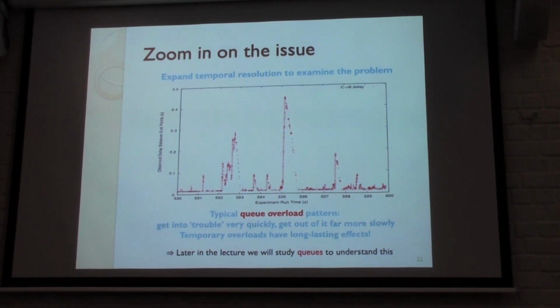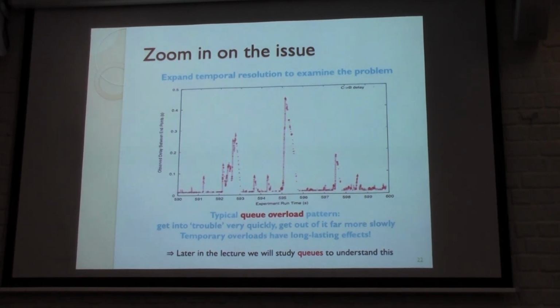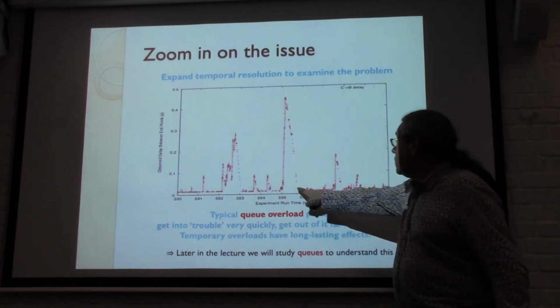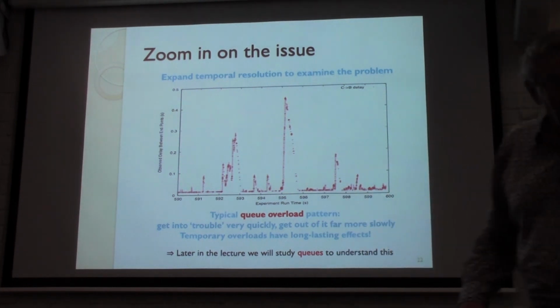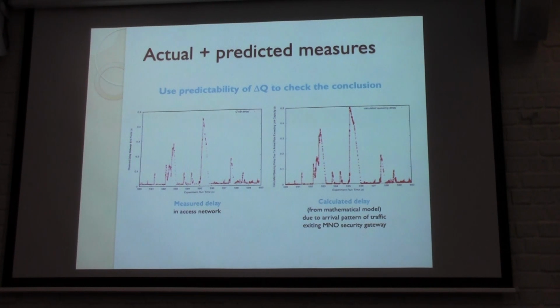So the hypothesis of Piensol was that this was a queue overload problem. And then they actually made predictions of the delta Q, of the queue behavior. They basically modeled the queue. Technically it's what's called an MM1K queue, as we will see later.